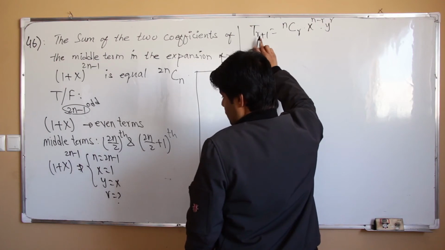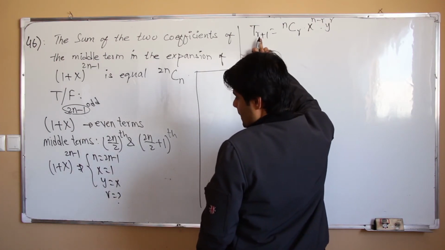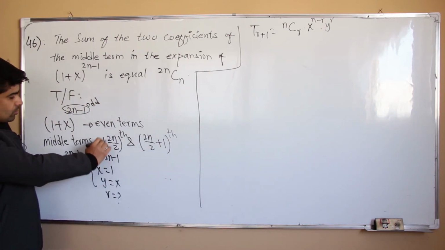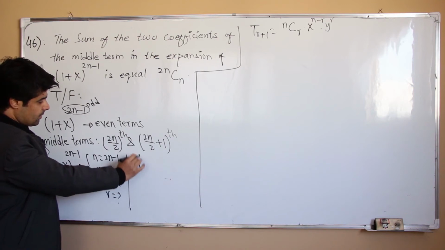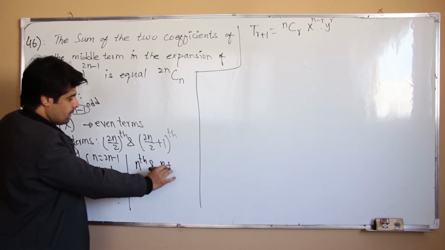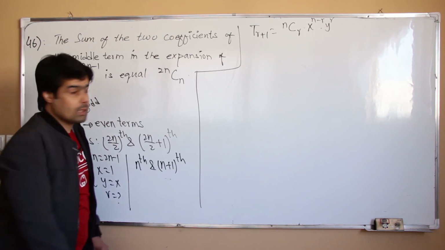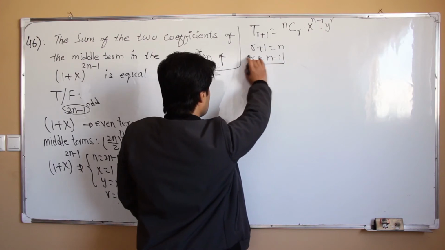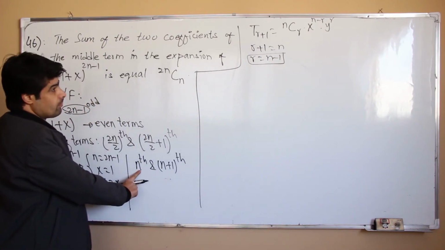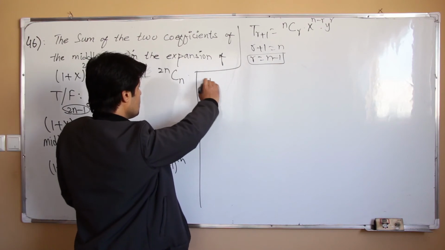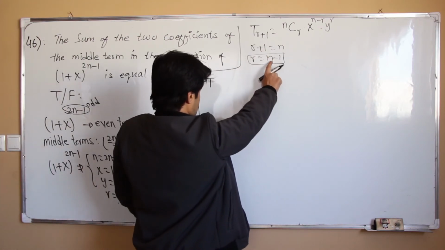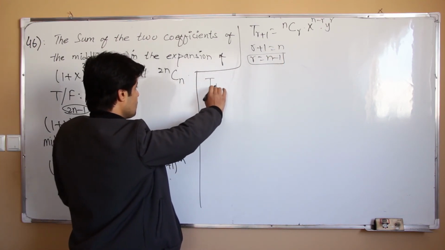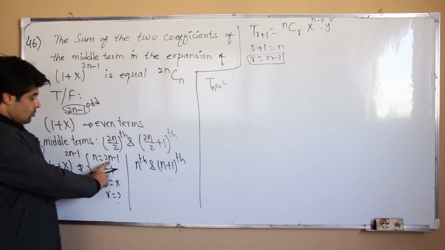In here, r plus 1 should be equal to the first one. We can simplify 2 with 2, it's cancelled. The middle terms are the nth term and the n plus 1th term. Am I right? Yes. r plus 1 is equal to n, so r is n minus 1. This is our nth term. Now in t, instead of r, n minus 1 plus 1, minus 1 plus 1 is cancelled. The nth term is equal to (2n minus 1)C(n minus 1).